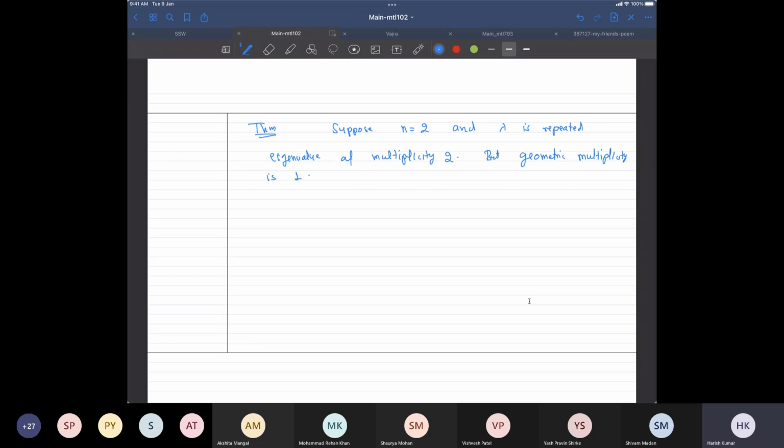Repeated eigenvalue of, let's say, A. Then in this case, there exist vectors, let's write generalized eigenvectors of index 1 and 2.